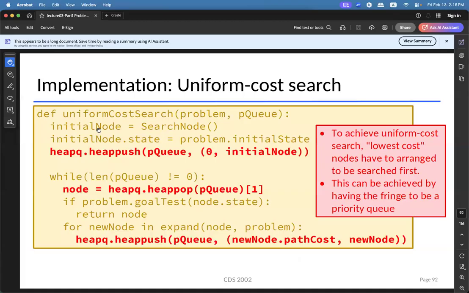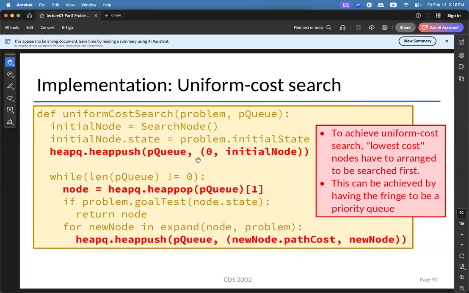In fact, one of the main reasons why you learn heap in the first place is that the heap is a very beautiful way of implementing a priority queue. But in this course, as you can see here, we replaced the fringe with the priority queue.